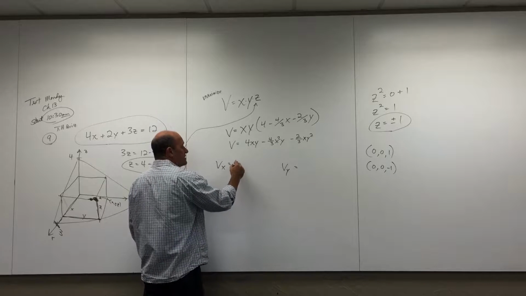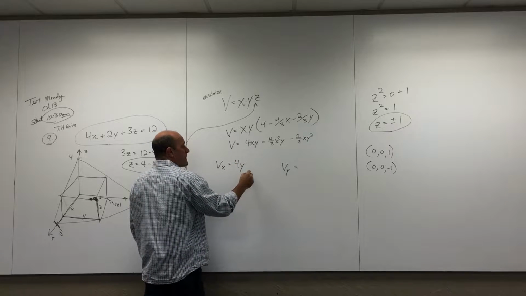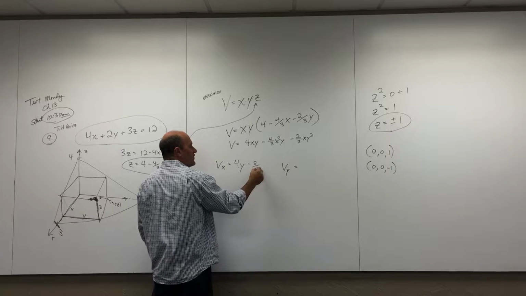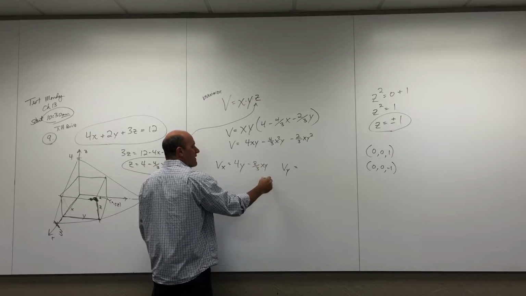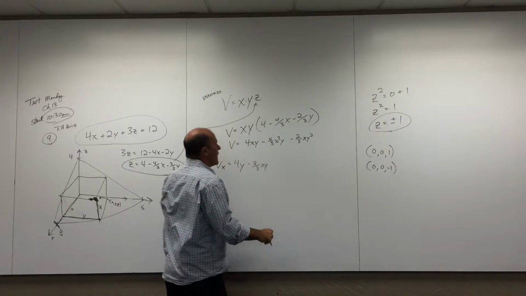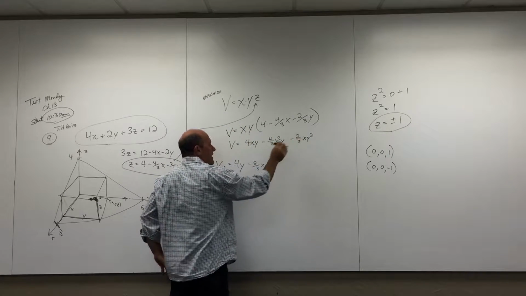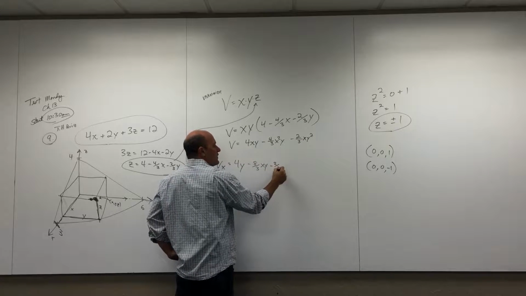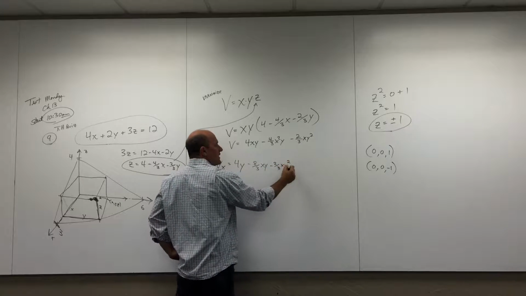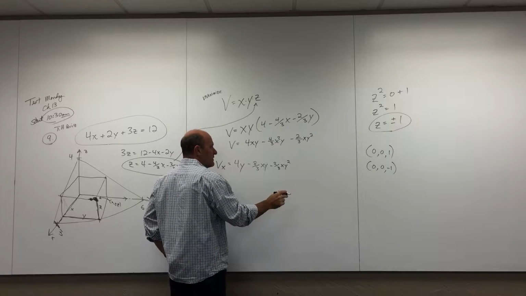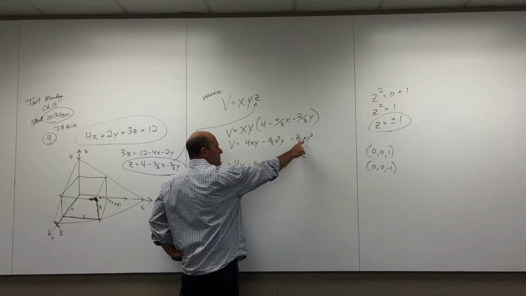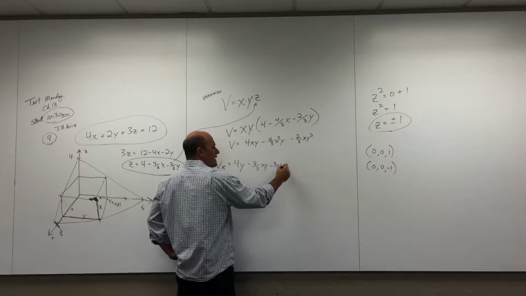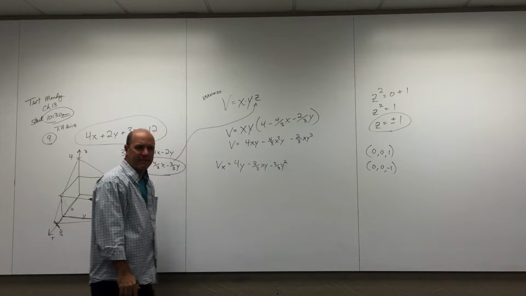With respect to x, it's 4y minus 8/3 xy minus 2/3 y squared. Right.